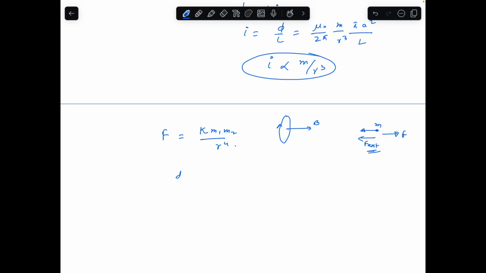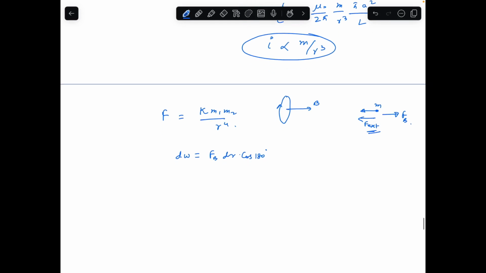Okay. So what is dW? dW will be F_B, force due to magnetic field of this loop, dr cos of 180. It doesn't matter because they are asking only the proportionality. Correct. What is F_B?